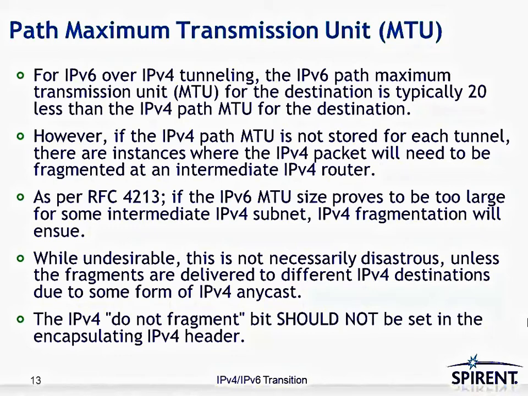As per RFC 4213, if the path MTU size is too large for some intermediate IP subnet, IPv4 fragmentation will ensue. While this is undesirable, it's not disastrous. So when encapsulating an IPv6 packet inside of IPv4, the do not fragment bit should not be set in the encapsulating IPv4 header.